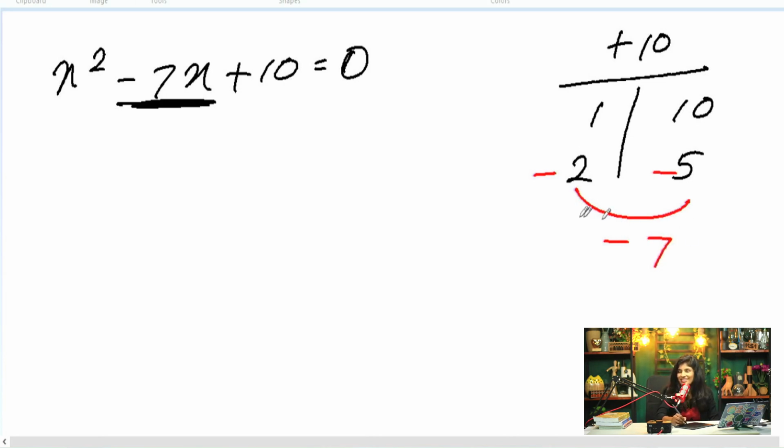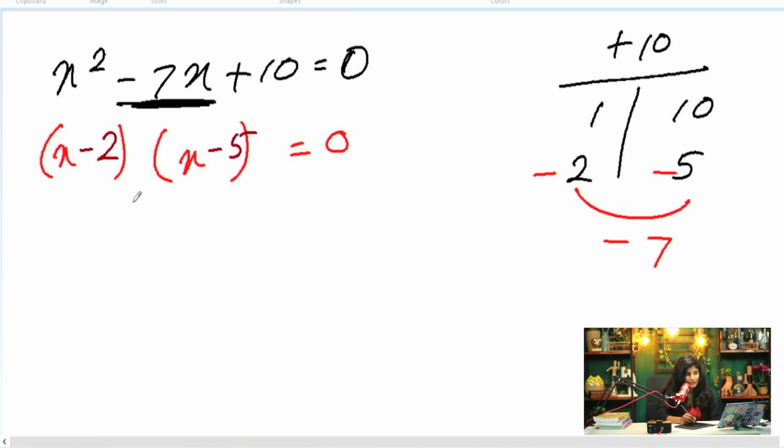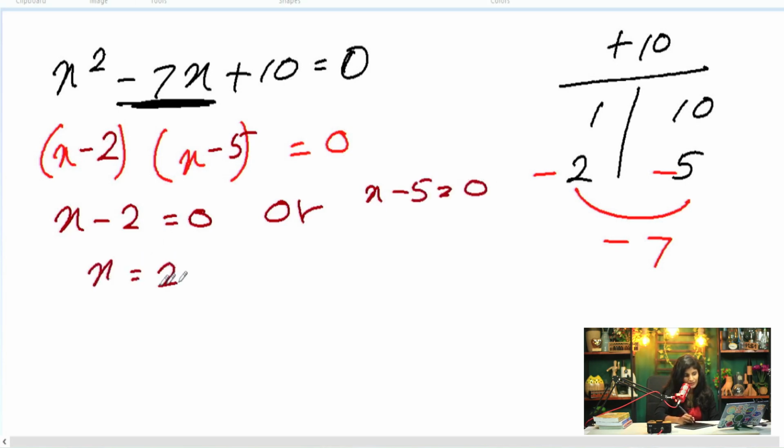So, that is the solution. x here and x here, negative 2 and negative 5. So, x minus 2 equals 0 or x minus 5 equals 0. Then x equals 2 or x equals 5. Very easy.